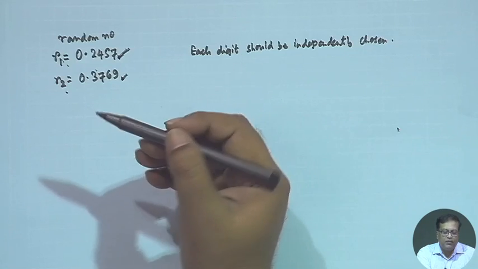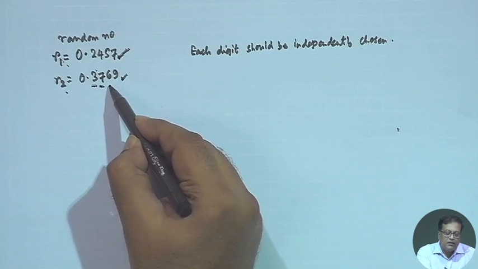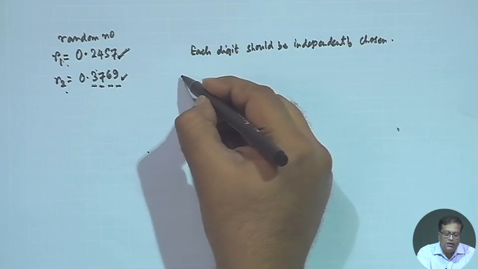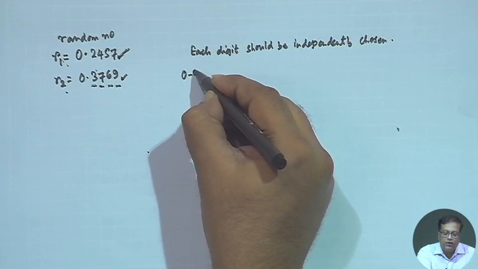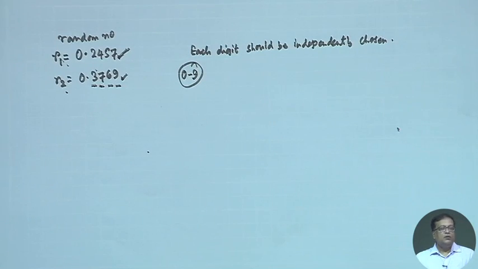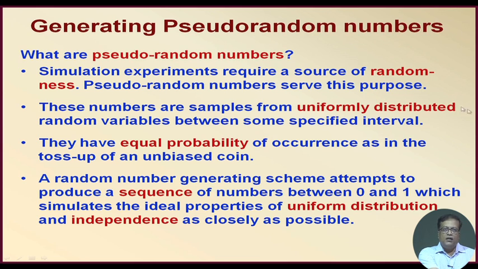In these 4 places, it is equally likely that any digit between 0 to 9 could have come, right. That is about the uniform distribution and independence that must be maintained for random numbers.